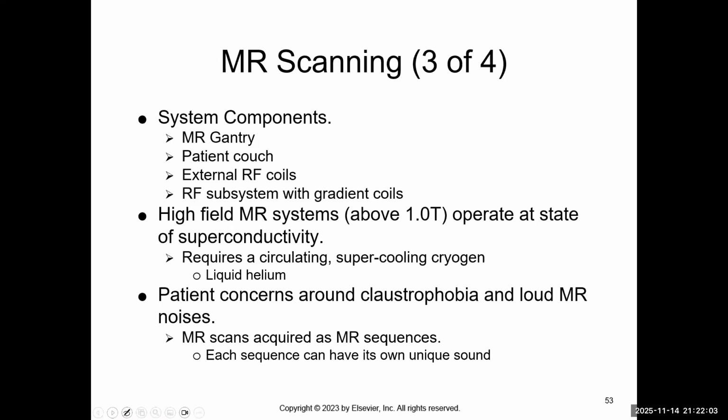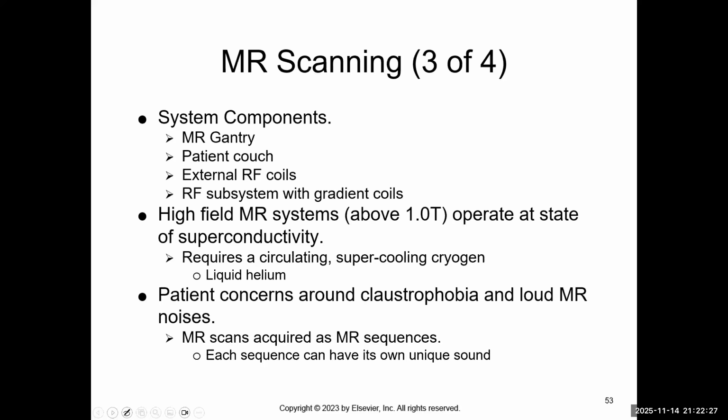All right, components of your MRI machine. Just like your CT machine, it does have a gantry, that large donut-looking thing. It does have a patient couch, just like the CT machine, that moves the patient into the bore. Additionally, it has what we call RF coils, and they collect that MRI signal.